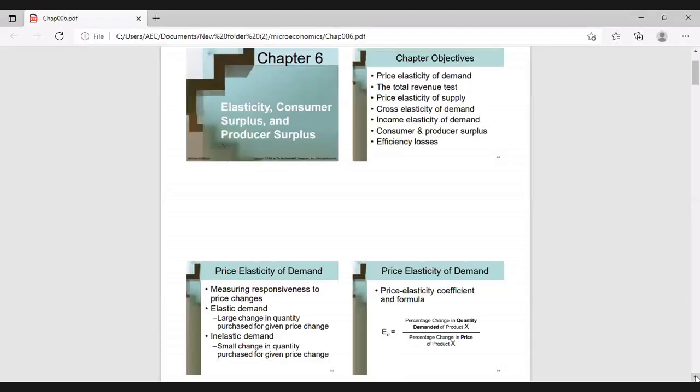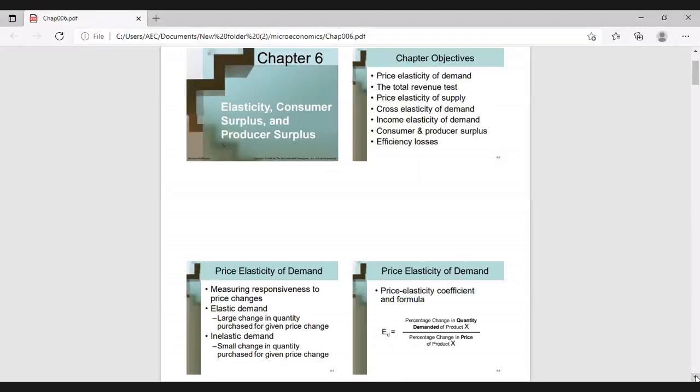The law of demand says when the price rises, quantity demanded falls. When the price falls, quantity demanded increases. But it doesn't tell how much the change is. So how is the consumer's response, or sensitivity, to the price change?